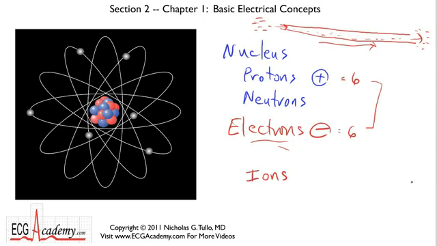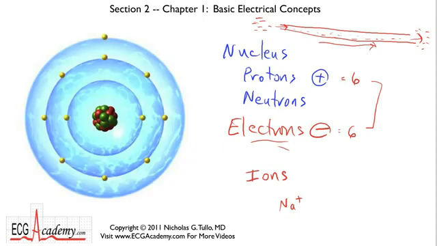Well, let's talk about sodium. Sodium, otherwise abbreviated as Na in the chemical list of elements that we know as the periodic table. Sodium, here's a picture of sodium, has 11 protons in the middle of it. So there's 11 positive charges in the nucleus of sodium.